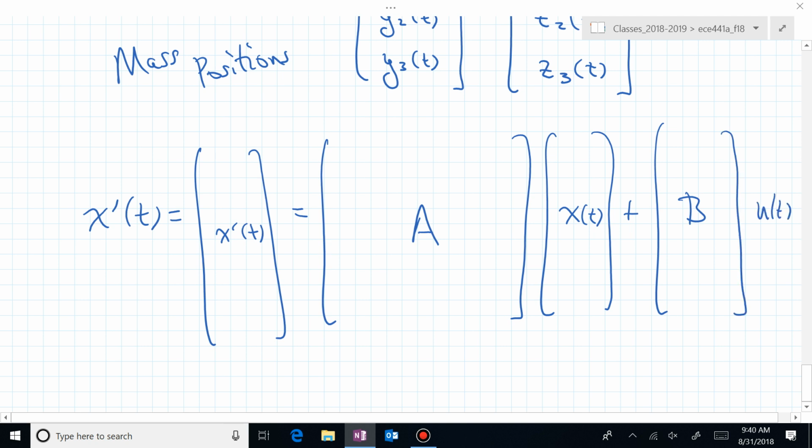Can I get any more inconsistent? What's u? It's our input vector, and what are its dimensions? How tall is it? 2. It's 1 wide. X is 7 tall, 1 wide, and this equation needs to be dimensionally compatible. If x is 7 by 1, what's x prime?